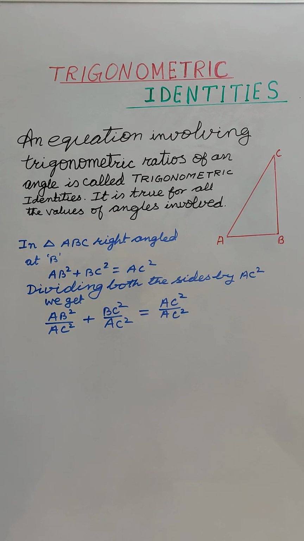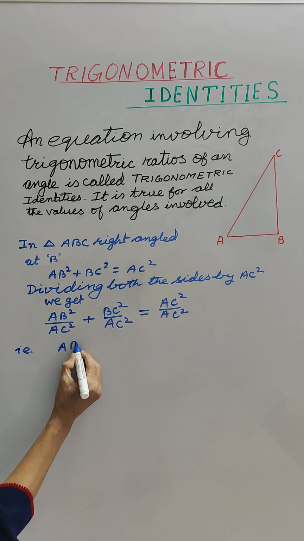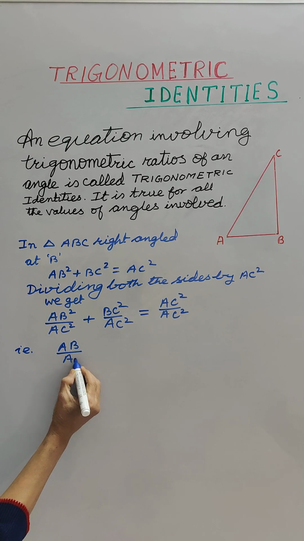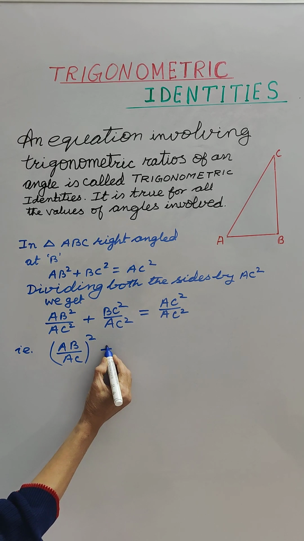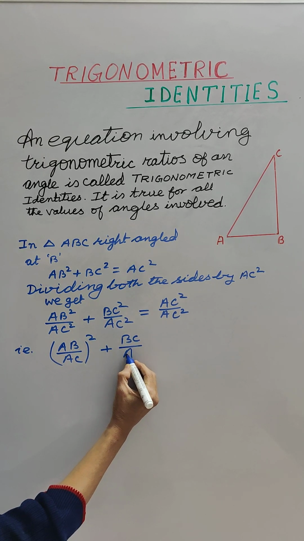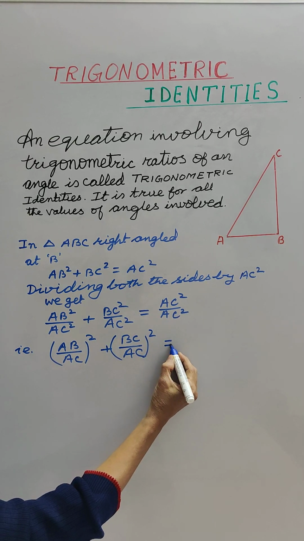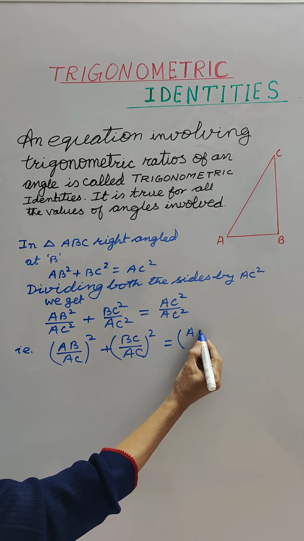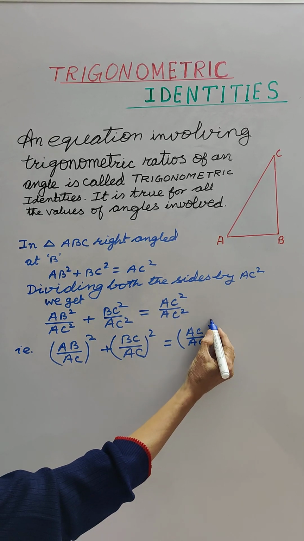Further we can write it like this: AB upon AC whole square plus BC upon AC whole square is equal to AC upon AC whole square.